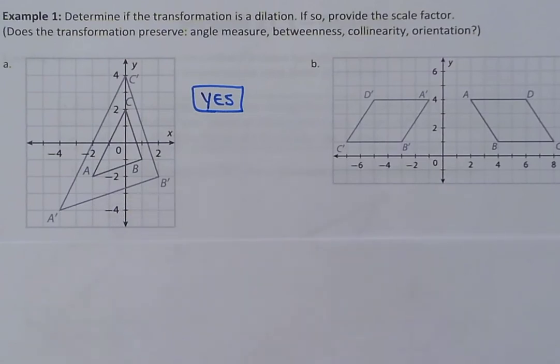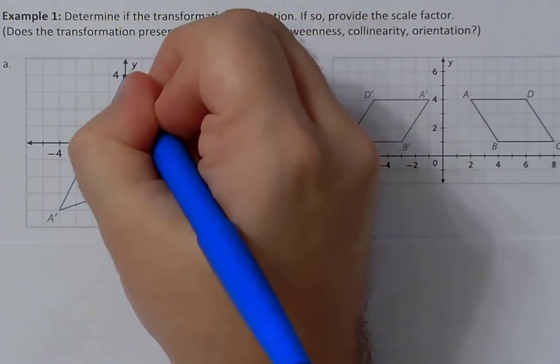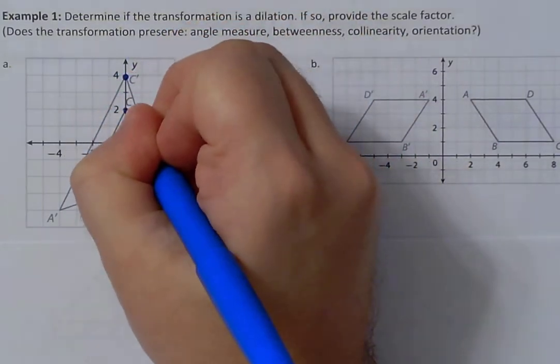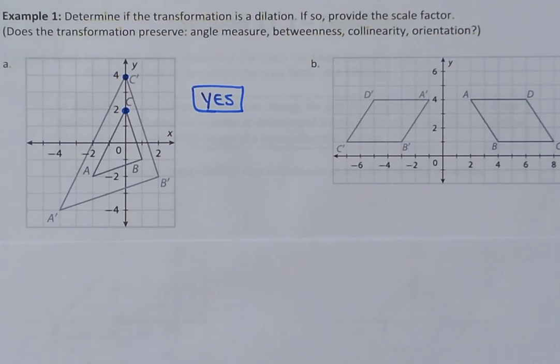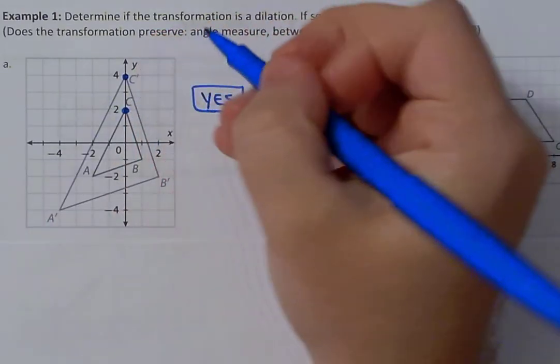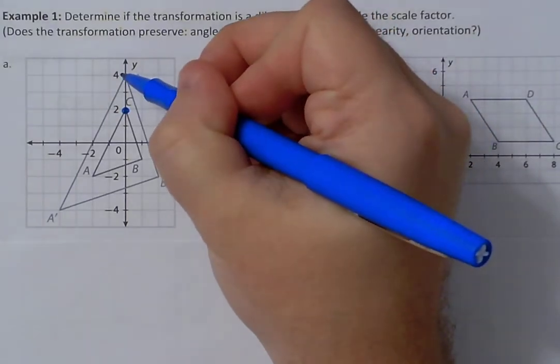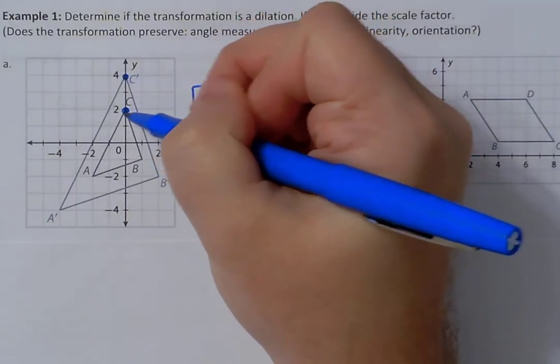Now the other way we can do this is we can use a point on the coordinate plane. If we look at C and C prime, both of these reside on the y-axis. So that means it's 0, comma a number for both of these points. C prime is at 4, and then C is at 2.